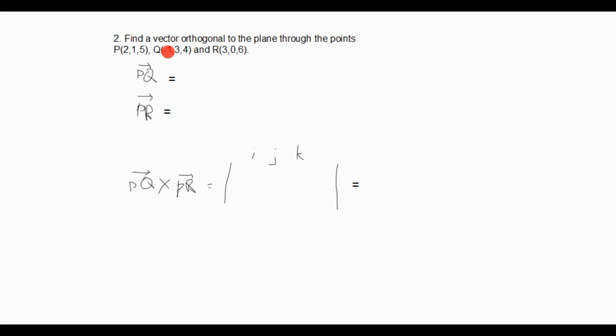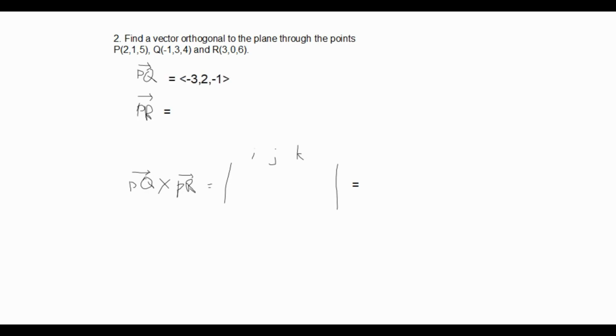PQ is quite straightforward. So -1 subtracted with 2, that will leave you with -3, and now 3 minus 1, that will leave you with 2, and now 4 minus 5, that is -1.